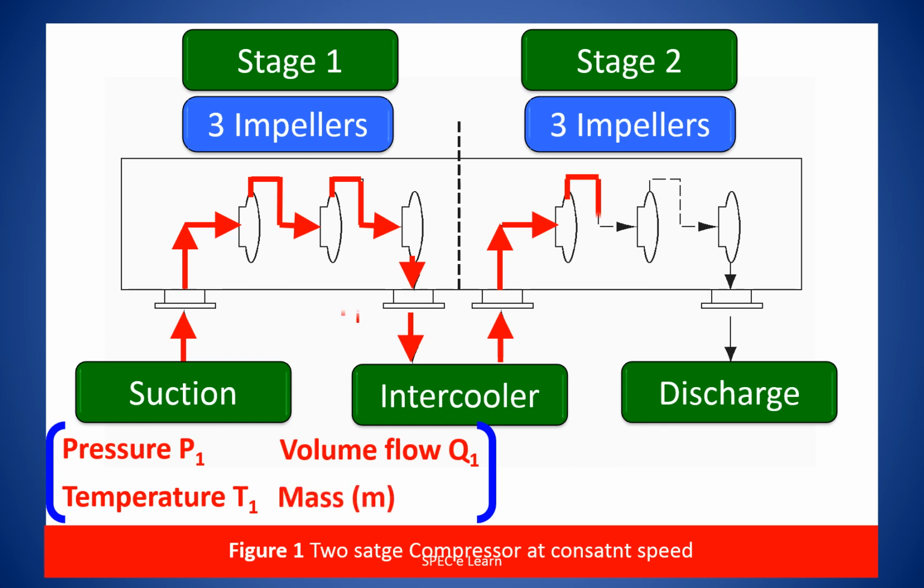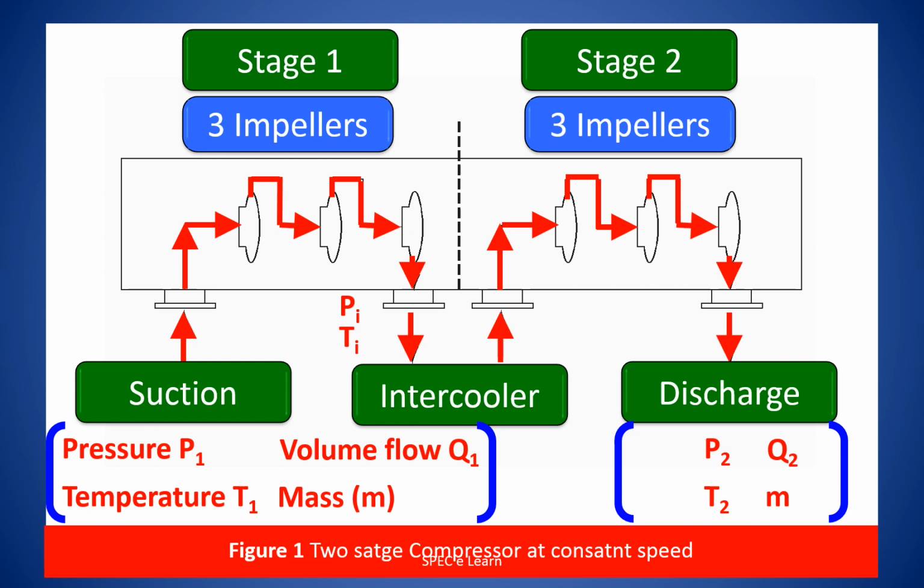Stage 1, consisting of 3 impellers, raises the pressure of the gas to intermediate pressure P interstage and temperature T interstage. The gas is cooled in the intercooler, and the cooled gas at the same interstage pressure goes to the suction of the second stage.